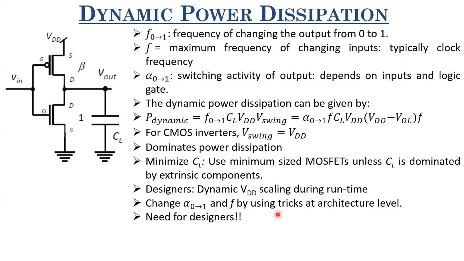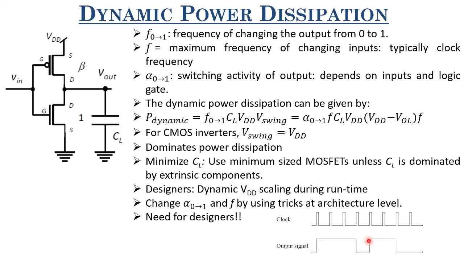Okay, so after discussing this dynamic power dissipation, let us discuss another important aspect which we have neglected till now. Before going to that, let us first discuss how we calculate this alpha 0 to 1. Let's say this is our clock. Our clock goes from 0 to 1 eight times. And how many times is the output signal going from 0 to 1?